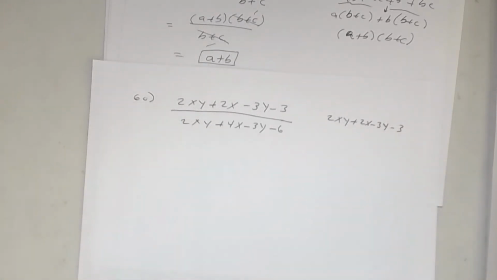In both cases you're going to have to use grouping. And I think the GCF in both of them is 1, right? So let's group the first 2 and the last 2.